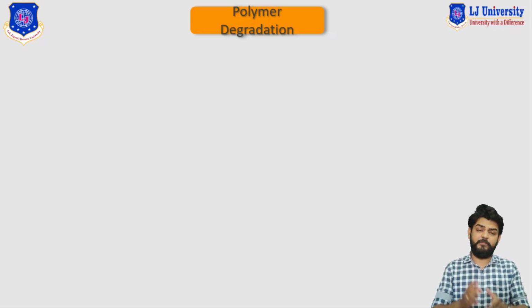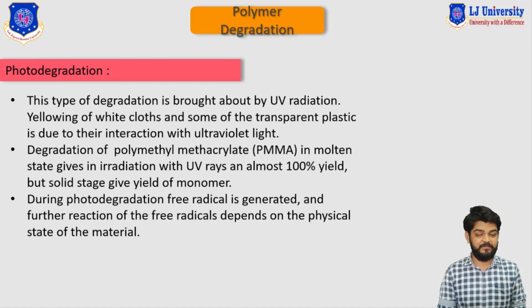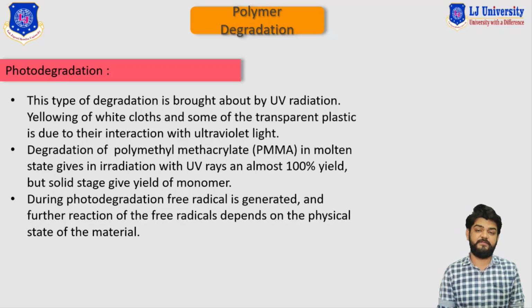In today's topic, we are going to discuss a new type of degradation, and that is photo degradation. As you can see on the screen, photo degradation is mainly due to ultraviolet rays coming out of the sun.